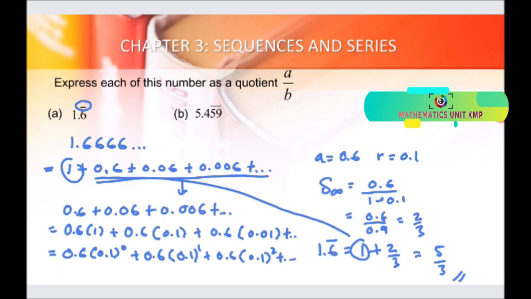Next we're going to find the quotient form for 5.459, repeating for 5, 9 there.